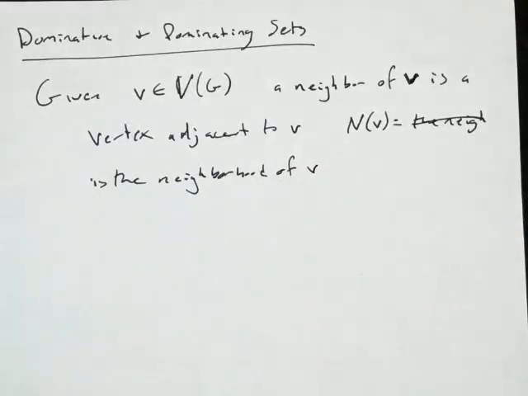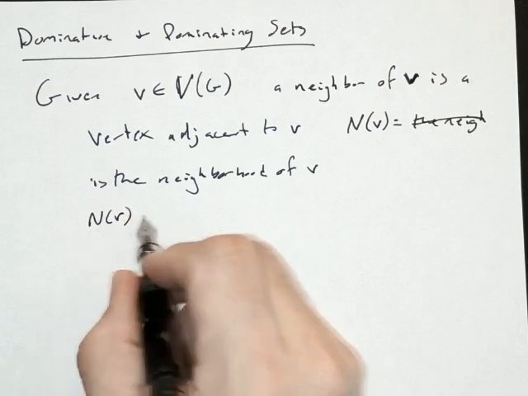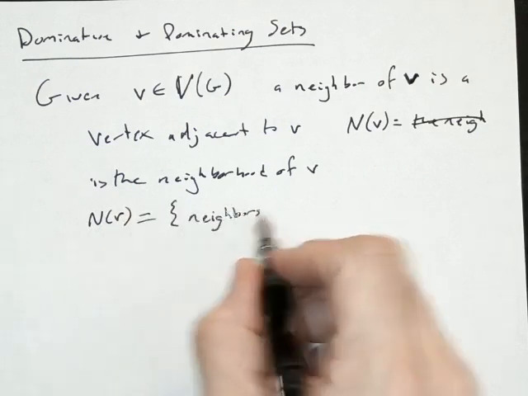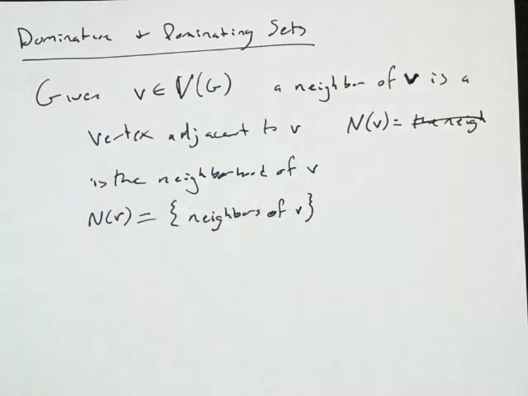N of V is the set of all neighbors. Now, in some graphs, that could be a disconnected set.